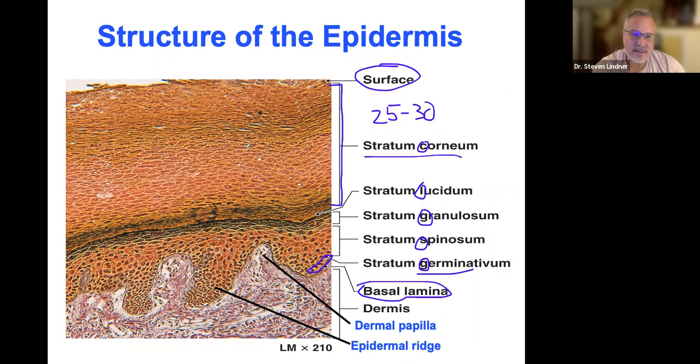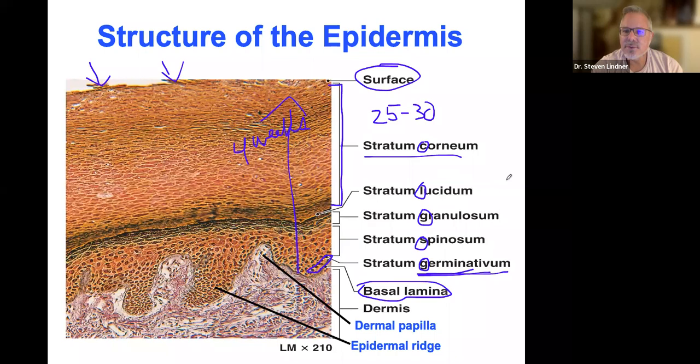Okay, these are the cells that slough off. Now, the basal layer or the germinative layer, that's the stem cells. Those cells are going to be pushing upwards in this direction. And we said it takes about 4 weeks to get there. And you can see they slough off and they break away. And then you make new ones.